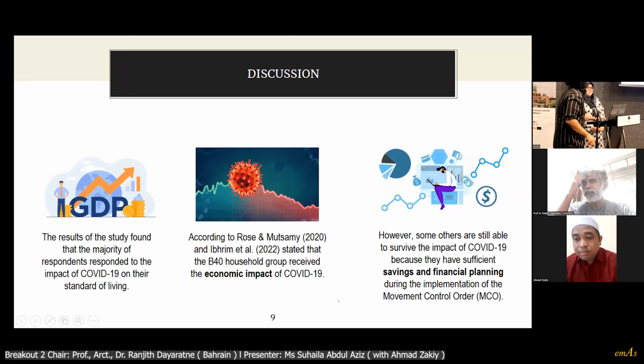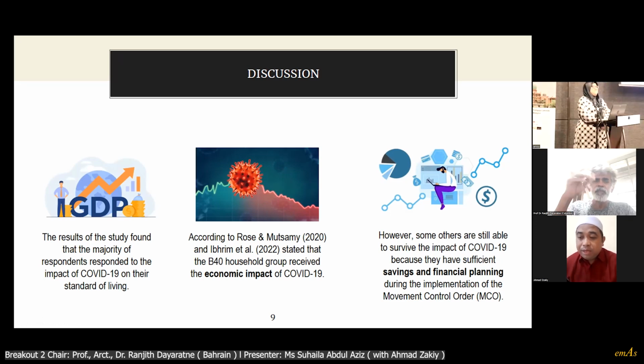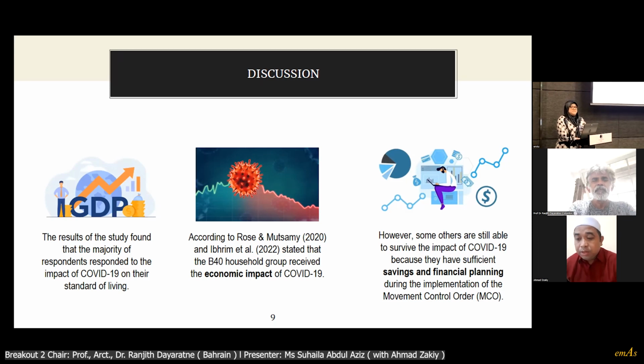However, some others are still able to survive the impact of COVID-19 because they have sufficient savings and financial planning during the implementation of the Movement Control Order, or MCO. Okay, next.